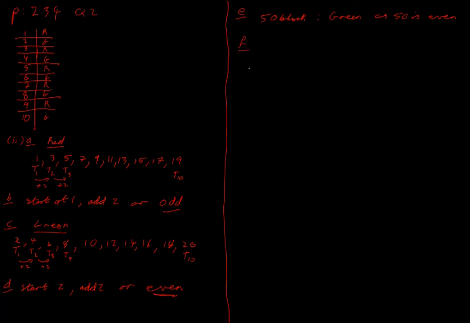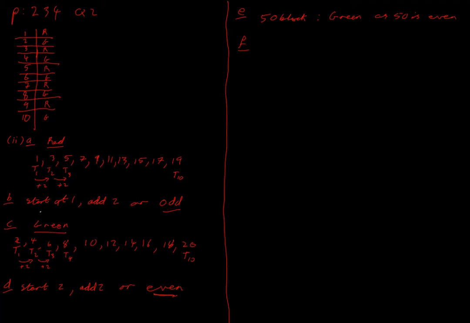Let's have a look at F. What colour is the 51st block? How do you know? Well, if I look at my pattern here, let's start at the very beginning. If 2 was a green block, then 3 would be red. Or if 4 was a green block, then 5 would be red.